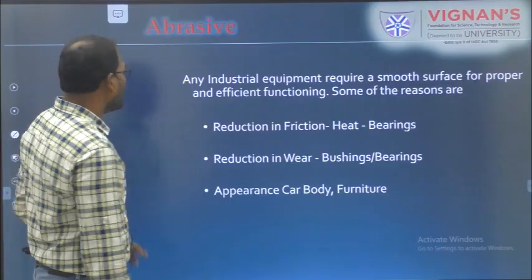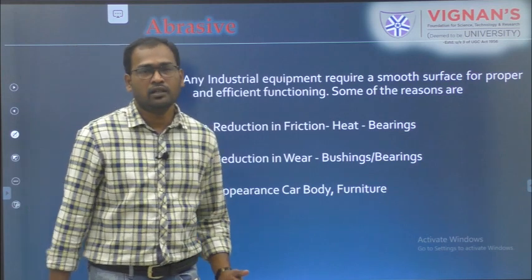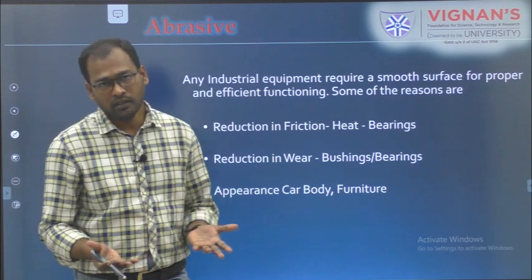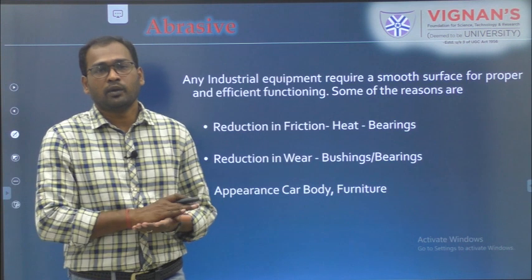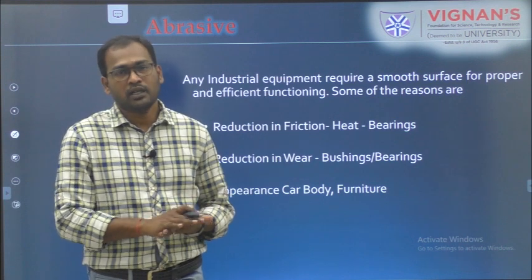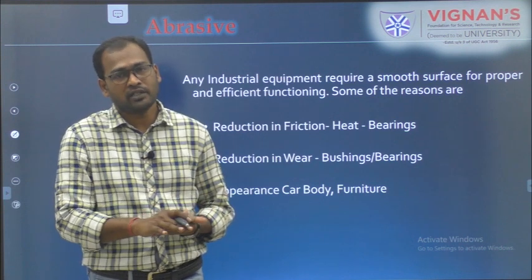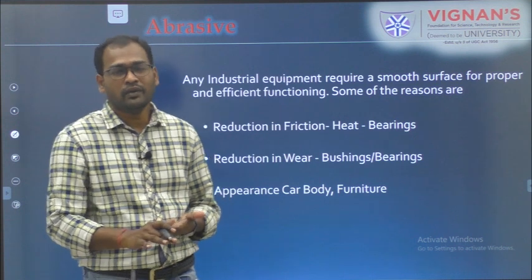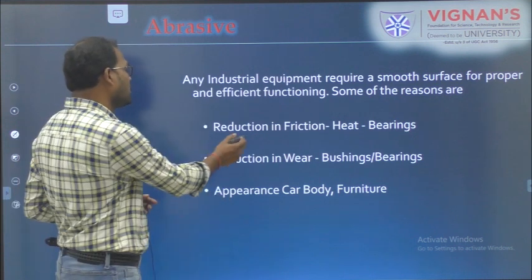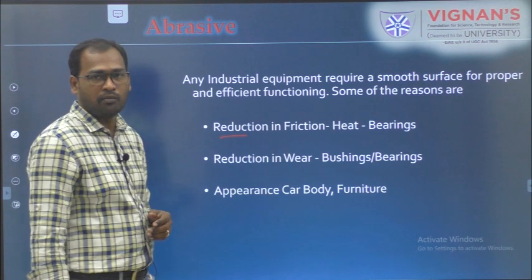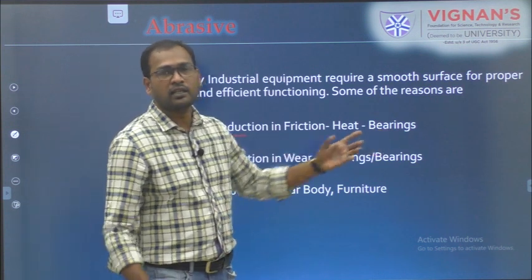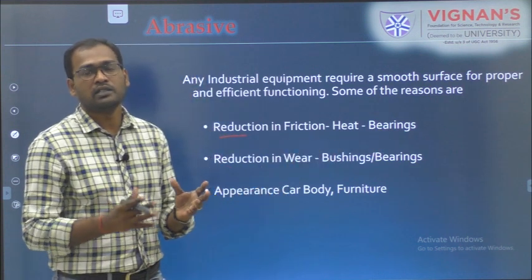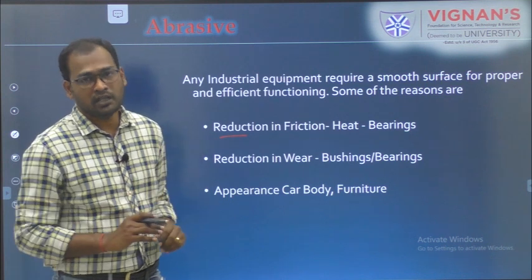Moving forward, any industry which uses materials or metals requires a smooth surface. A smooth surface is always required for three main reasons. One, it reduces the friction, thereby the heat loss, and the safety of the instrument will be safeguarded.